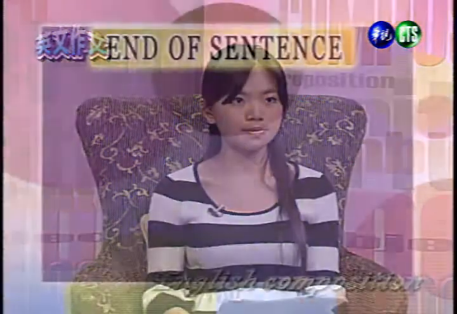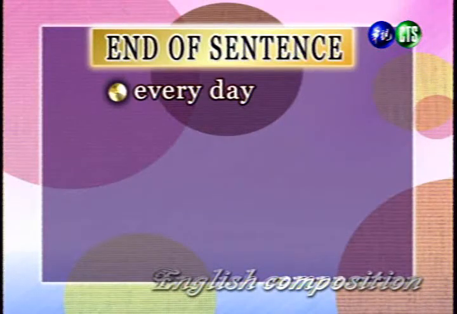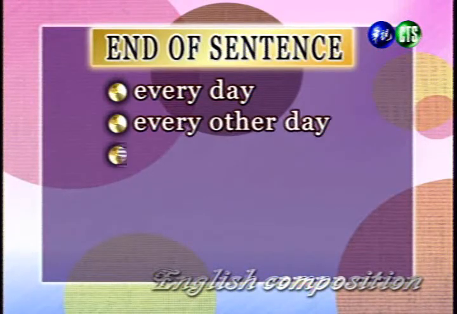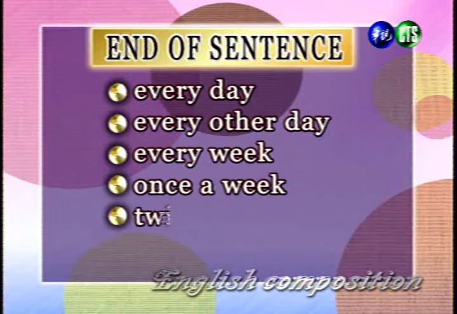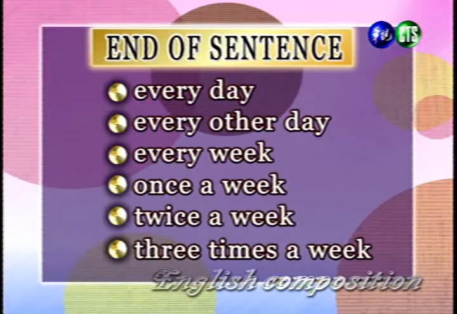All right, and so now let's take a look at one more set of time expressions that we can put at the end of a sentence. 好，我们再来看一下另外一组可以放在句尾使用的这个时间的用词。And so we can see just these words, every day, every other day, every week. There are many words that we can put at the end of a sentence. 好，你会发现呢，这一些列在荧幕上的这一些字都可以放在句尾来使用。And we can even take a word like every day and we can change it around.